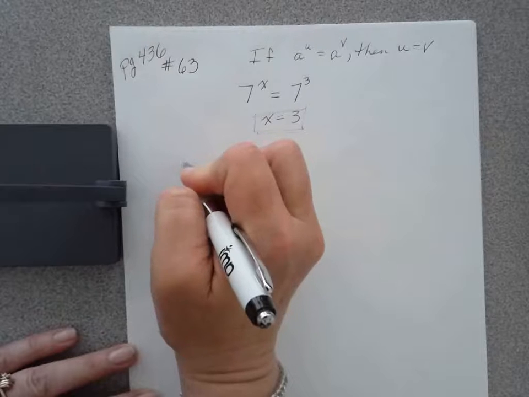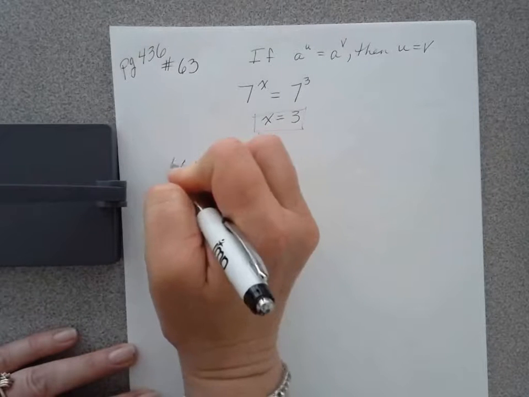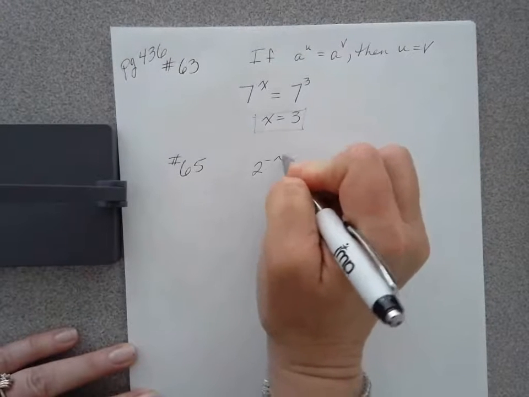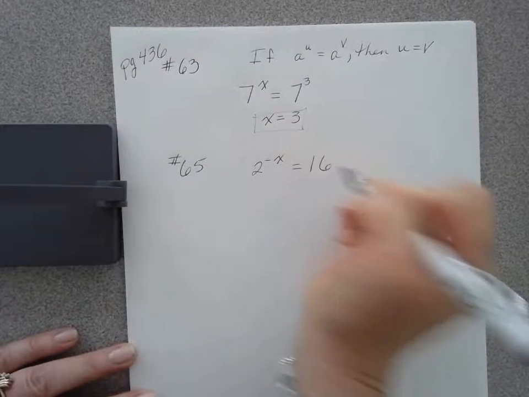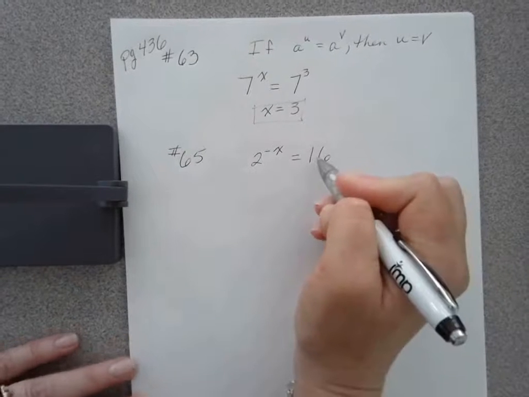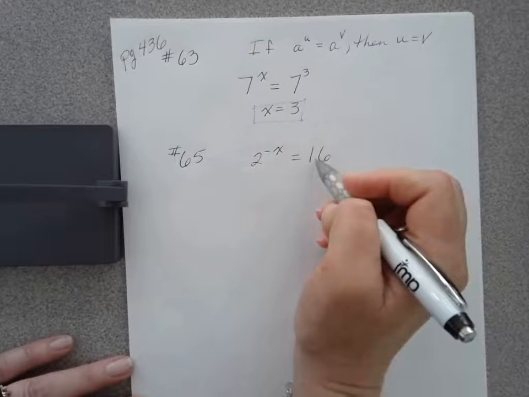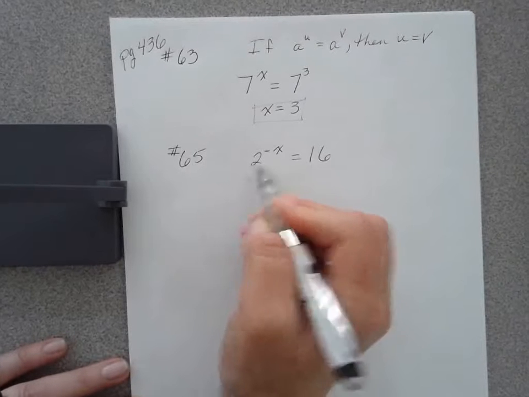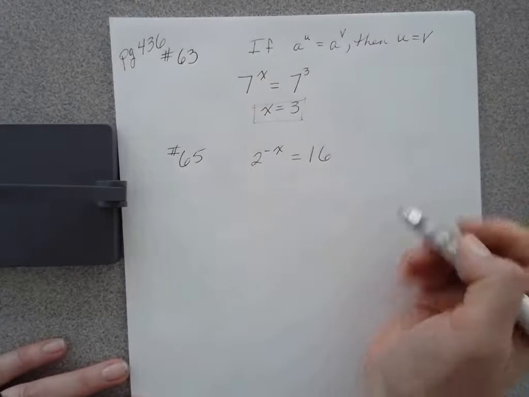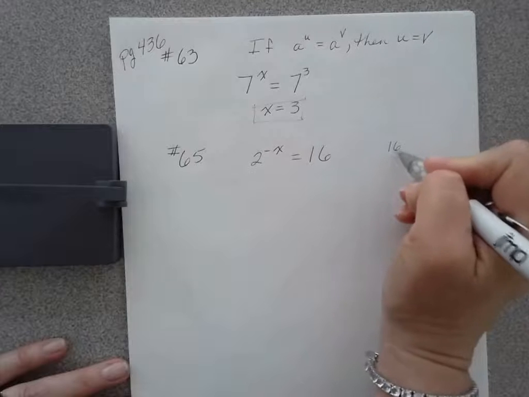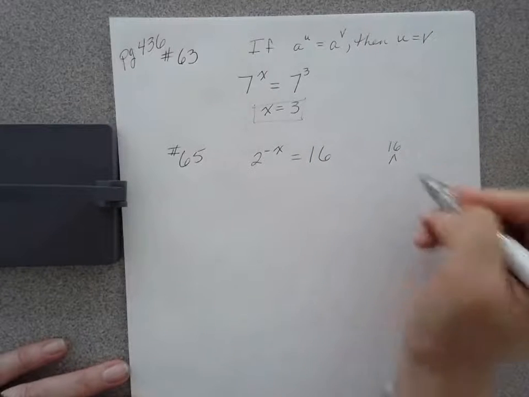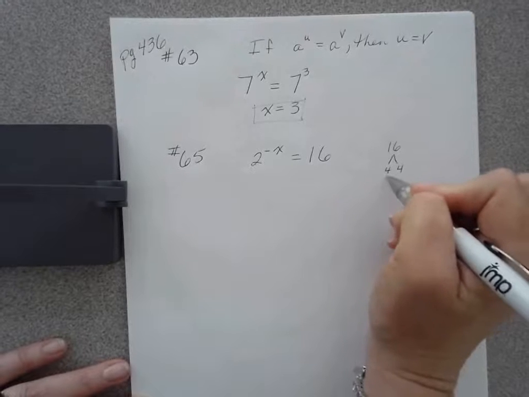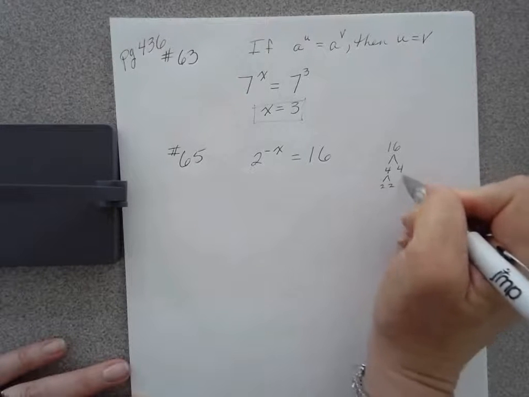All right, look at 65. That one we have 2 to the negative x power equals 16. If we can write 16 to where it has the same base, then we can use this rule. So think about factors of 16. What are factors of 16? 4 and 4. And what are factors of 4? 2 and 2.